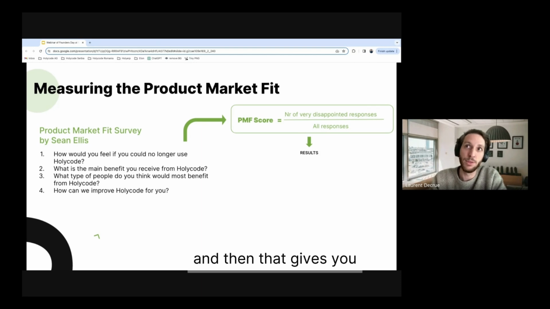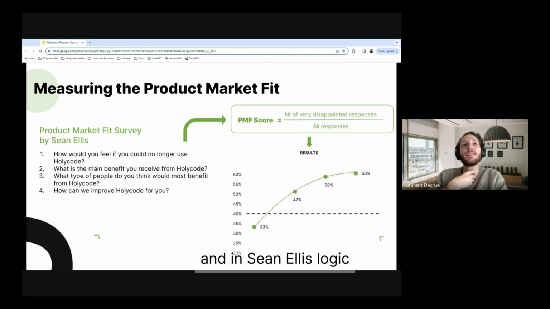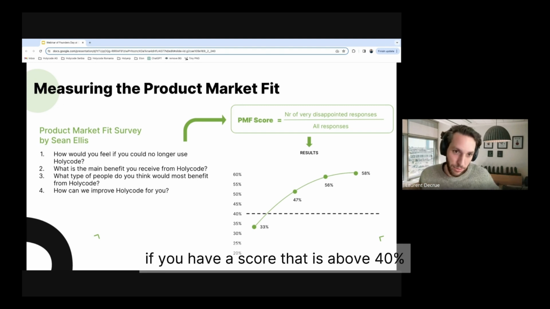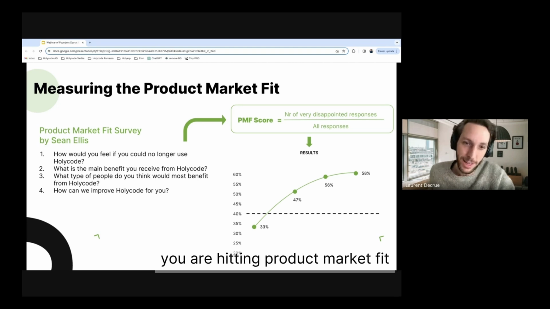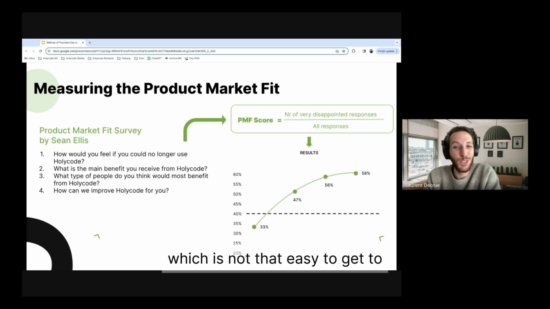And then that gives you a chart that you can do over time. And in Sean Ellis logic, if you have a score that is above 40%, you are hitting product market fit. So more than 40% of your responses need to be very disappointed, which is not that easy to get to.